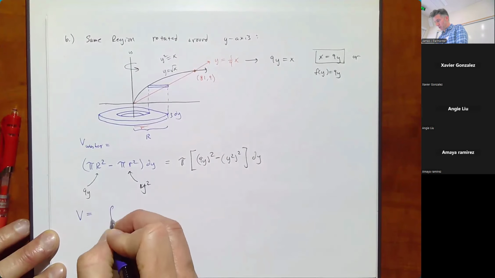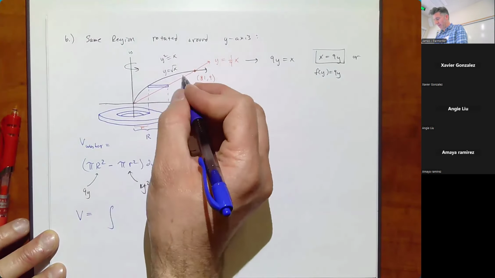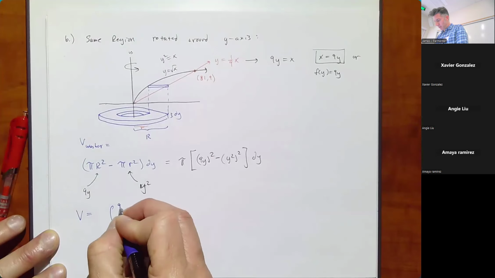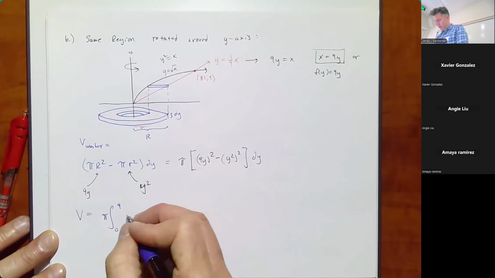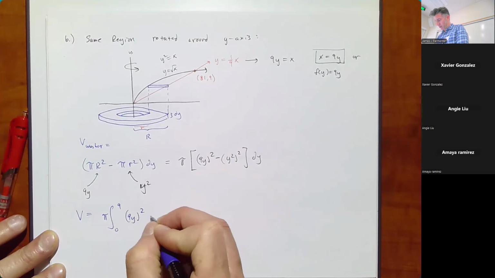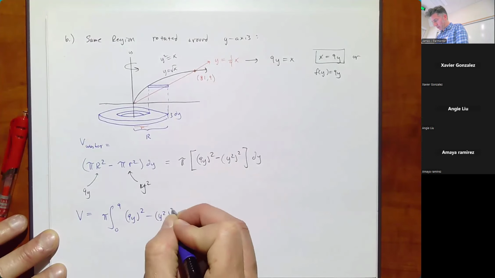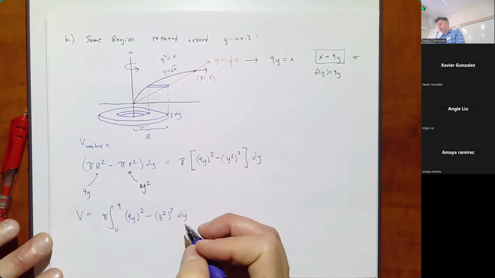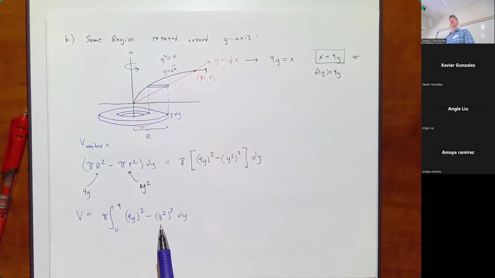It's going to be the integral from as low as 0 to as high as 9 of pi times 9y quantity squared minus y squared quantity squared dy. I know we can simplify this, but often if you're just asked to set these up, it's probably better if you don't actually square this out, so that the person reading your work can be like, oh yeah, they know that they're just doing the radius squared.